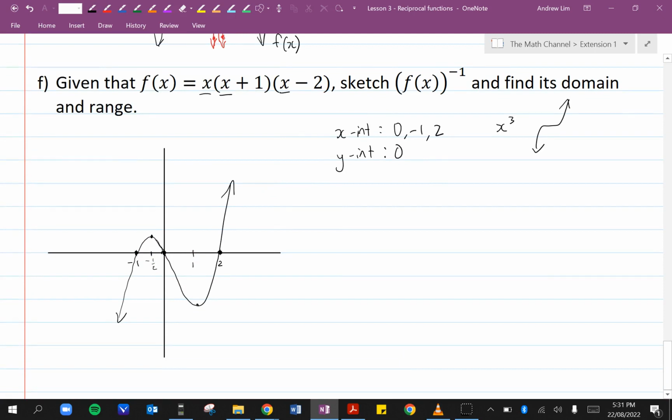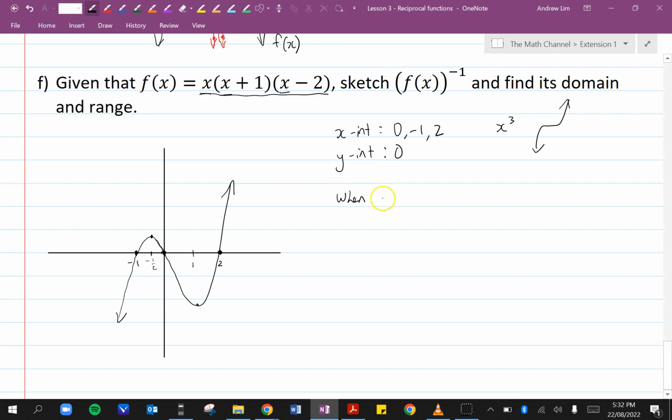So I'm just going to estimate what the y values are by putting these values of x equals minus half and 1 into the original. That should help me get a good idea of what it'll look like, even though it might not be exactly like that.